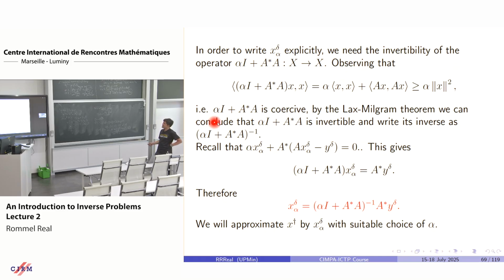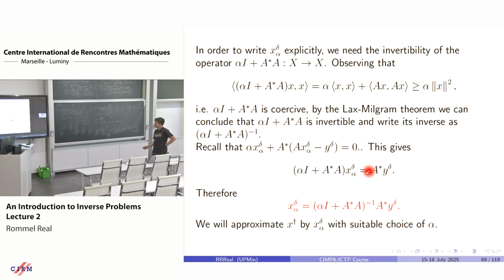And that means that alpha I plus A star A is coercive. And then by the Lax-Milgram theorem, you must be able to prove that alpha I plus A star A is invertible. Therefore, we can write the inverse in this way.